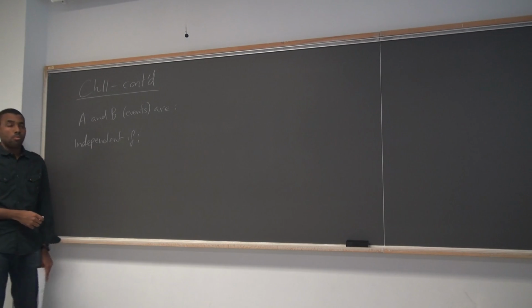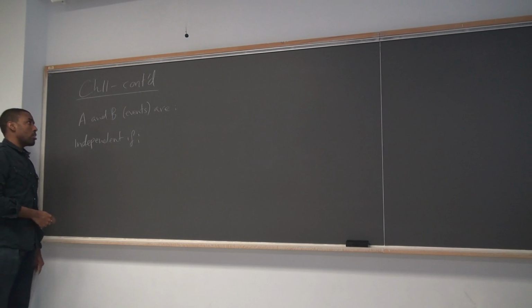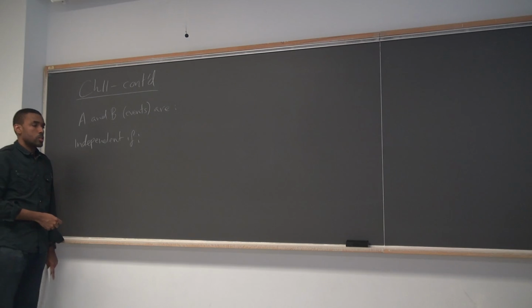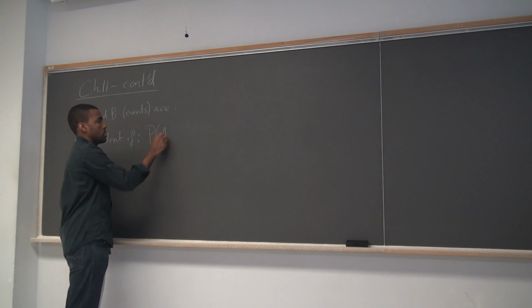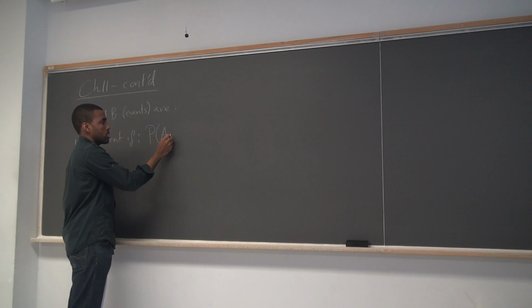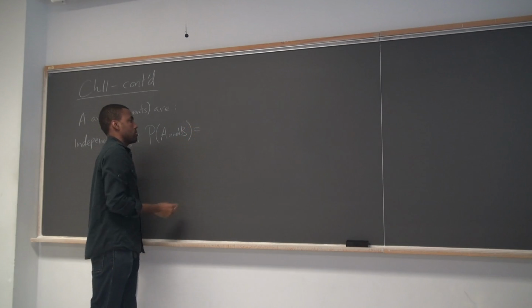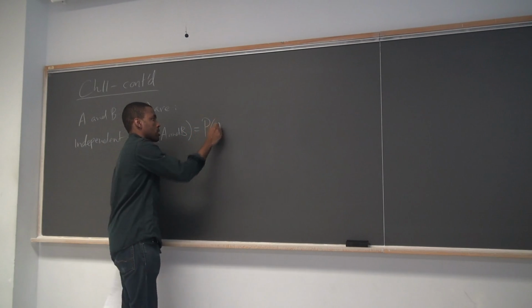One does not affect the other. When the outcome of one does not affect the outcome of the other, what's an equation that describes the situation? P of A and B is P of A times P of B, the product, right?